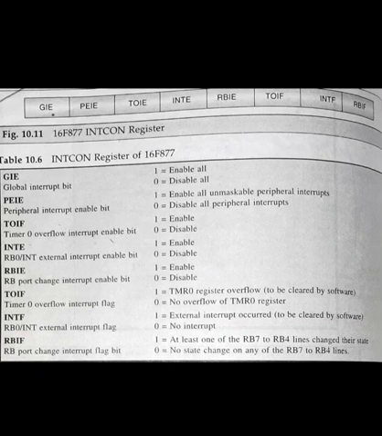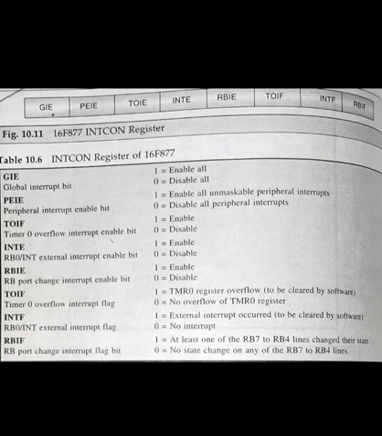Next, RBIF, the RB port change interrupt flag bit: 1 means at least one of the RB7 to RB4 lines changed state, and 0 means no state change on any of the RB7 to RB4 lines.